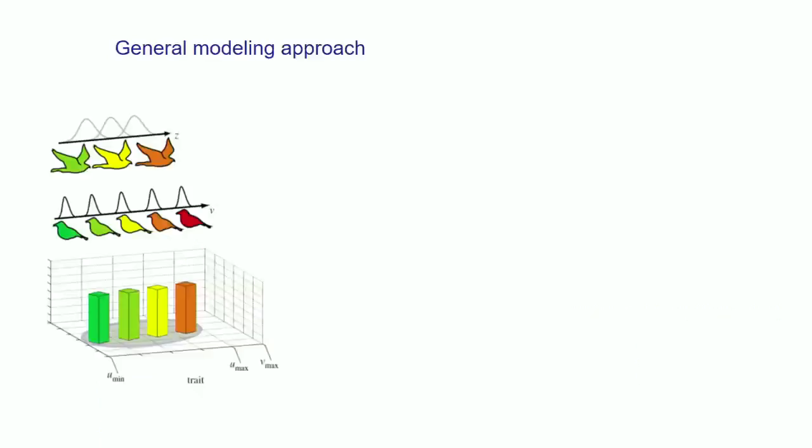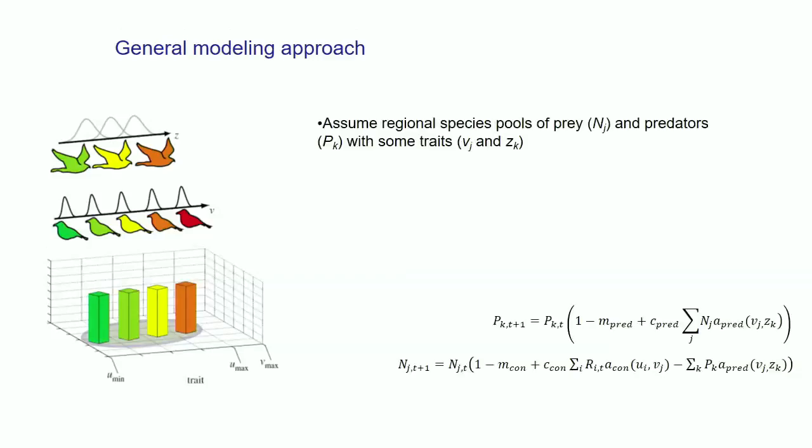To answer our questions, we use a three trophic level community model. We assume a regional species pool, following the usual assumption, of J prey and K predators.